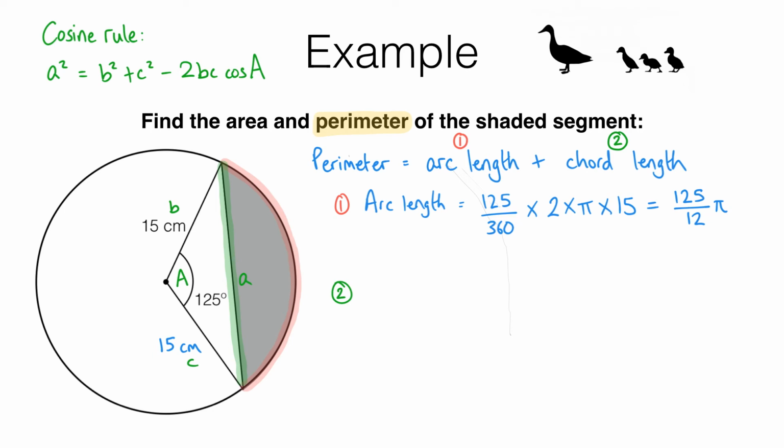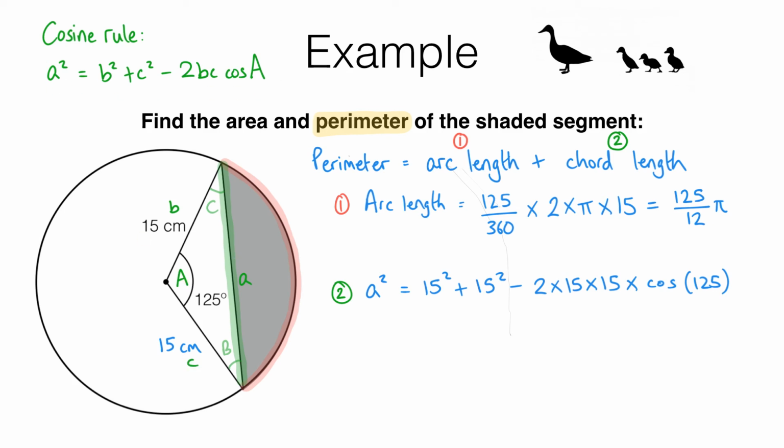So we've got angle capital B opposite the side B, and angle capital C opposite side C. Now, substituting all of this into our formula, we get a squared equals 15 squared plus 15 squared minus 2 times 15 times 15 times cos of 125. So I've just used the cosine rule to find a squared in terms of B, C and capital A. I've substituted these values into here.